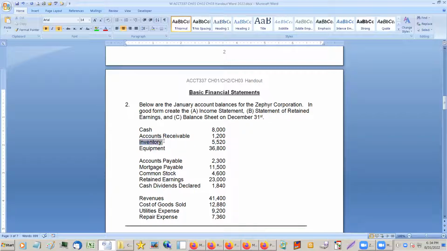What kind of account do you think inventory is? An asset? Yep. Yeah, it has a value. We already had those two. Accounts payable. What kind of account do you think mortgage payable is?